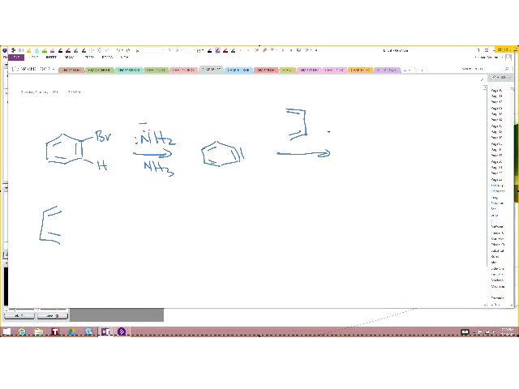And then you get this. At this point, we are going to join in a Diels-Alder reaction this here and this here, form a 6-member ring, and so we form this.